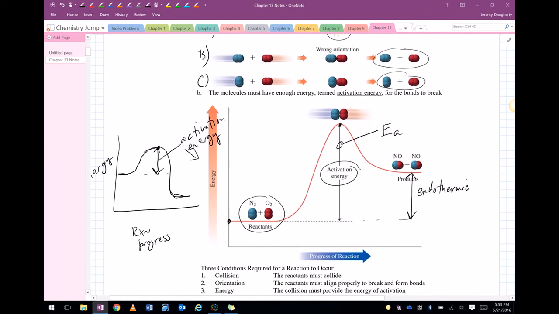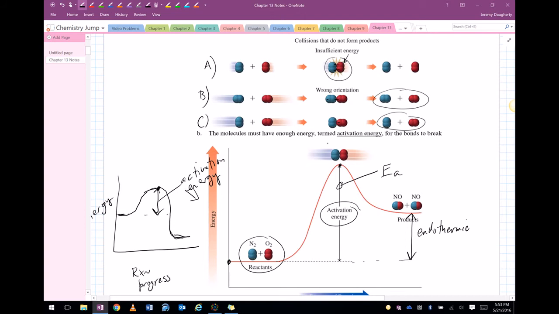Now, right at the top, there's a couple things that you need to know about. This is what's called the transition state. It's also called the activated complex. And it may even be called the intermediate.